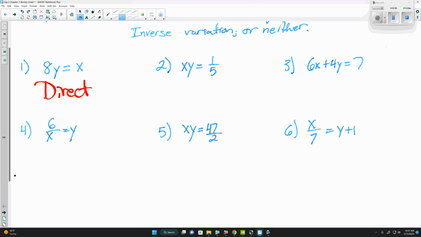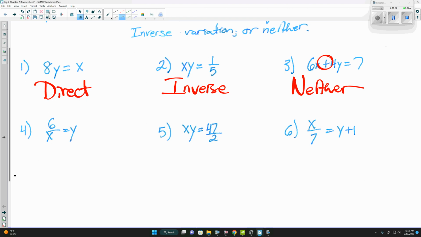X times a is equal to y, or y times a is equal to x. Those are the exact same thing. Number 2 would be inverse, because this is our x times y is equal to a. And number 3 would be neither. What's the big giveaway?